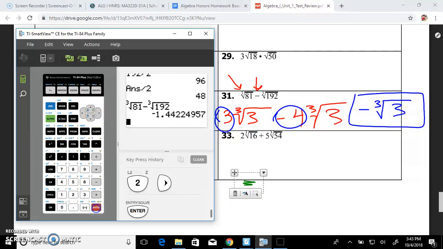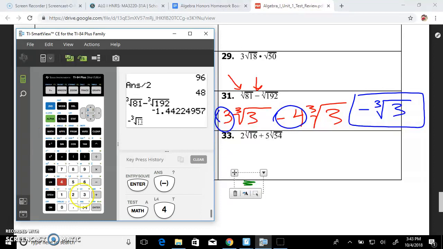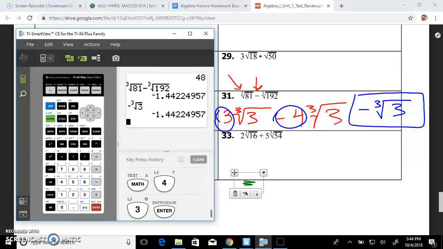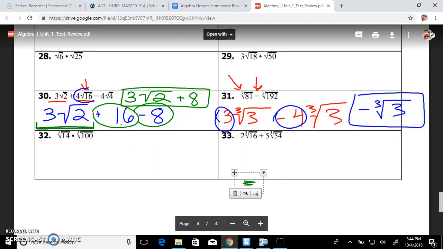Get out of that radical. And we get a negative 1 point something. So let's see if our answer, negative cube root of 3, matches that. Negative cube root is math 4 of 3. And they match. That's awesome. So that's another way to check to see if our answer is good.